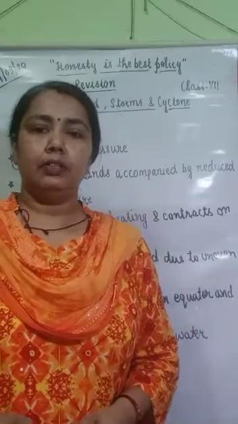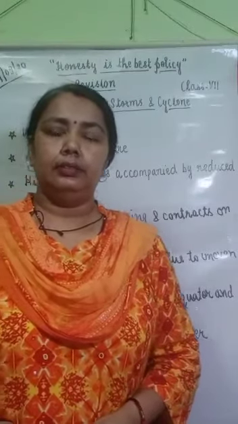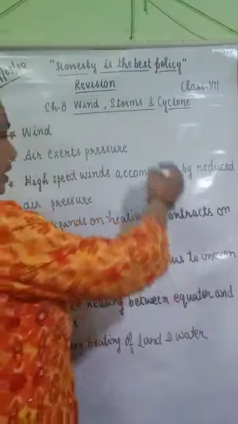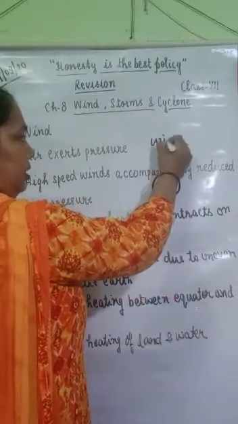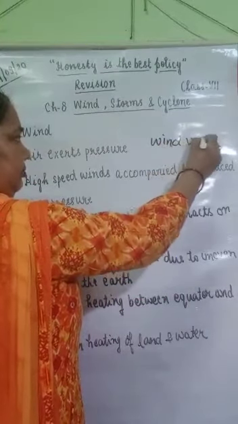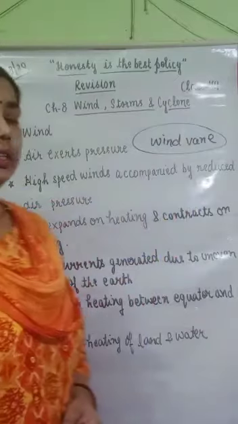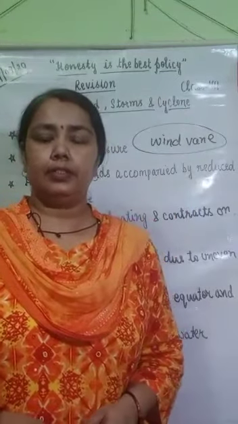It is much more difficult, and direction of wind is measured by an instrument that is known as wind vane. Wind vane is an instrument which is used to measure the direction of wind.